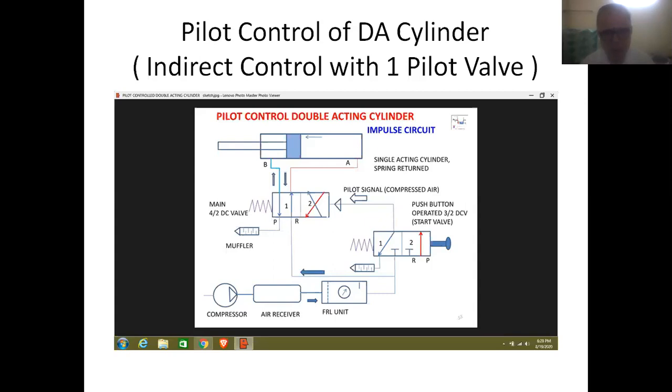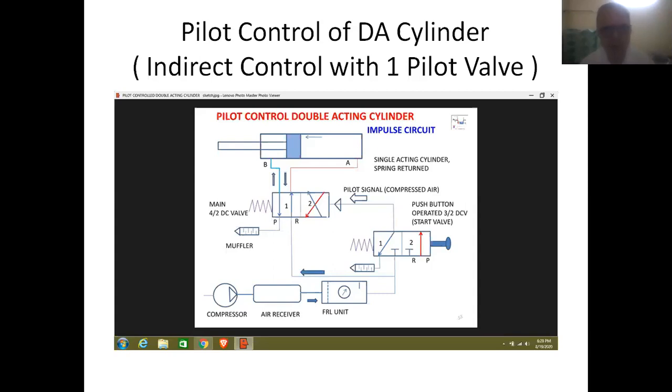So friends, as discussed in earlier sessions, the filter is used for removing impurities present in the high pressure air coming from the compressor. In other words, it is used for sending clean air free of impurities for operating the circuit.